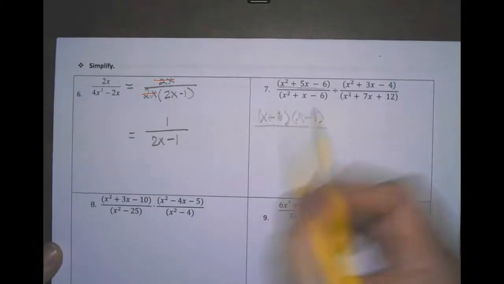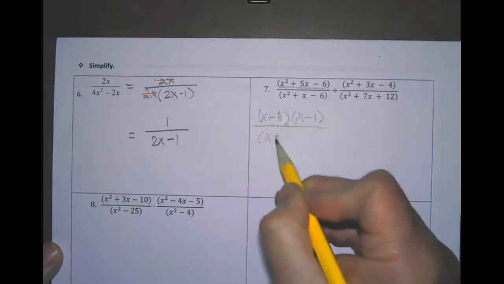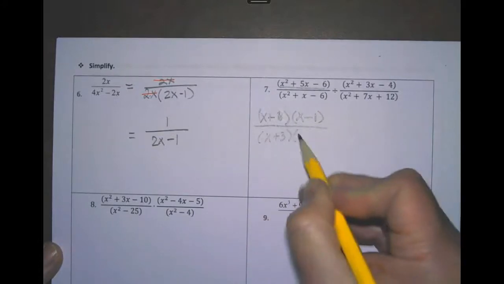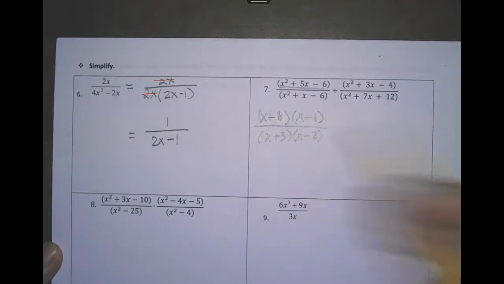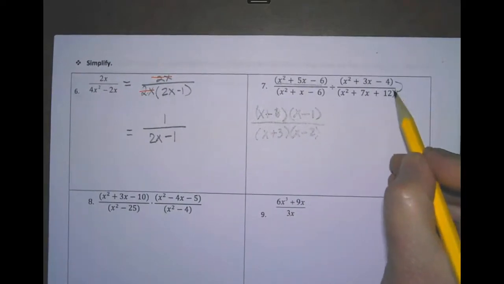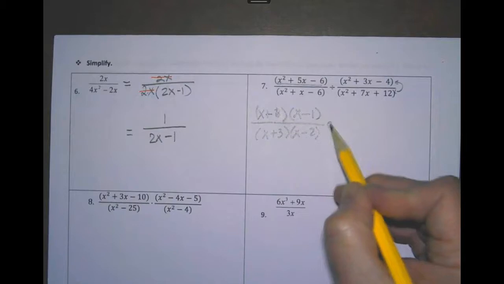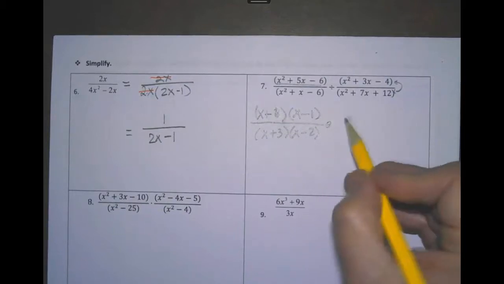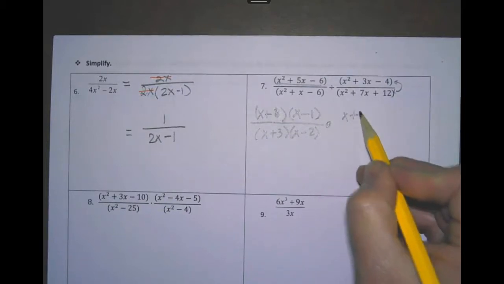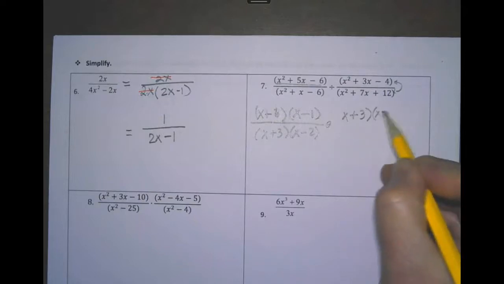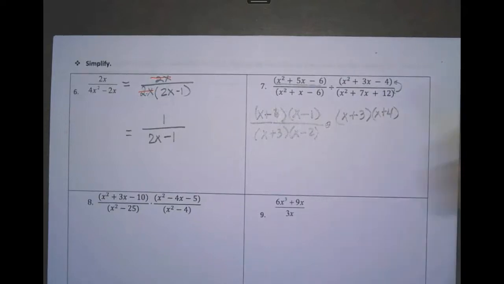This is going to factor into x plus 3, x minus 2. When you divide, these need to flip over, so this factors into x plus 3, x plus 4.